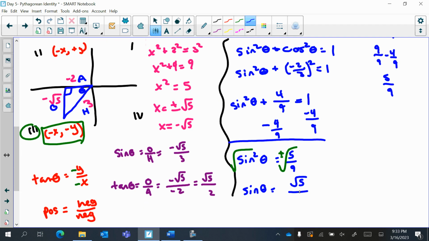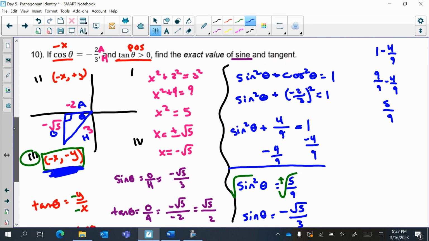The square root of 9 is 3. The thing is, you have to figure out if you're positive or negative, but we already determined that we are in the third quadrant where you have a negative y, and sine resembles y, so I'm going to keep my negative. So you have sine.